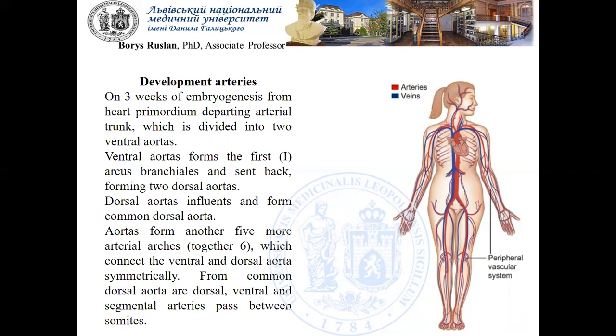The dorsal aortas fuse and form the common dorsal aorta. The aortas form five more arterial arches, so together there will be six, which connect the ventral and dorsal aorta symmetrically. From the common dorsal aorta, dorsal, ventral, and segmental arteries pass between somites.